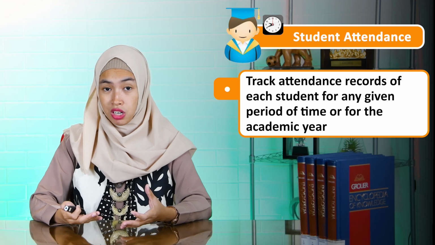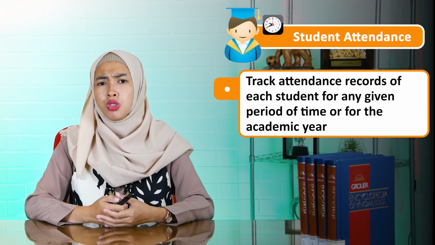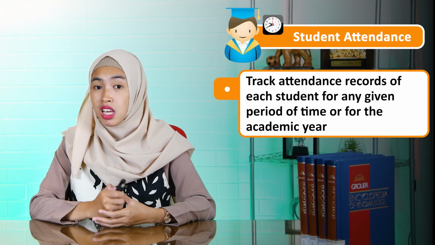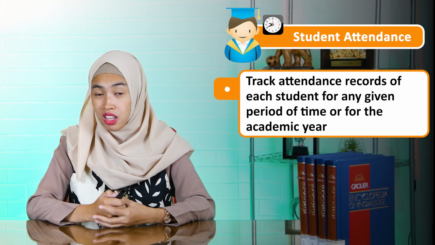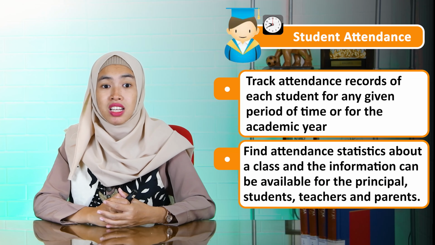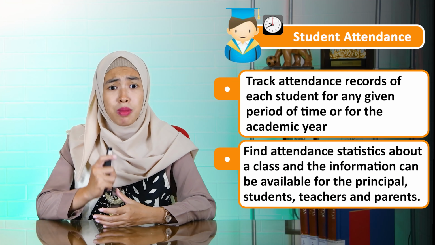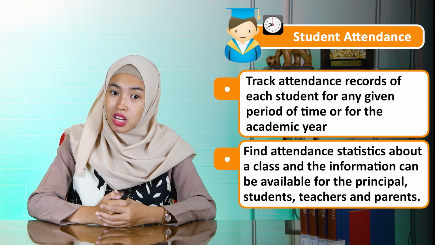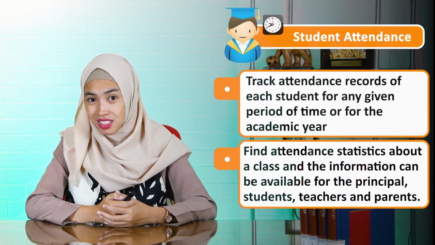It can be extracurricular activities, or you did some competition outside the school. But it will help you to know whether you really participated or not in the classroom. And then in this feature, you can also find attendance statistics about the class, and the information can be available to the principal, students, teachers, and also parents. Okay? And the next one, we are talking about students' performance tracking.